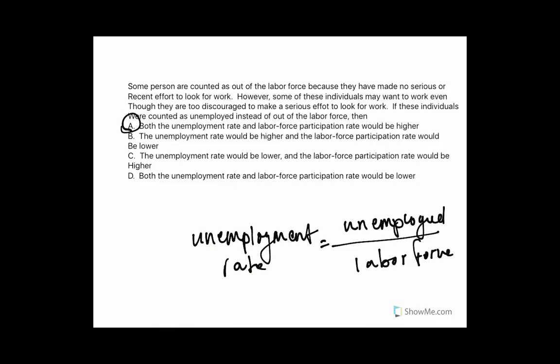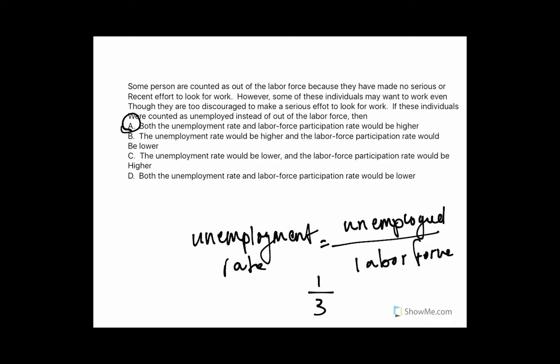labor force. Obviously, labor force is defined to be all the people who have looked for a job within a recent amount of time. And unemployed are people in the labor force who don't have a job. So, for example, say initially before this person was looking for work, you had 1 person unemployed and a total labor force of 3 people, right?